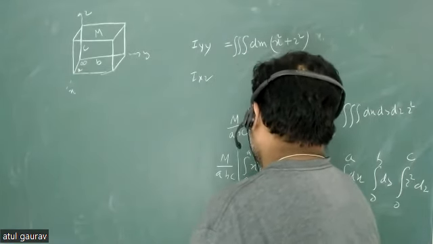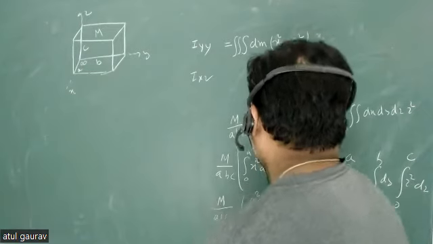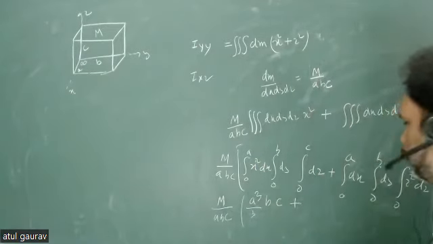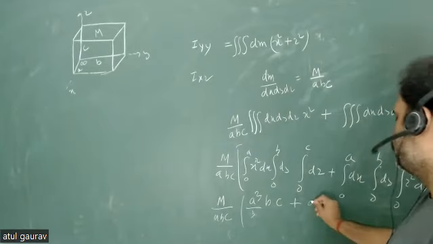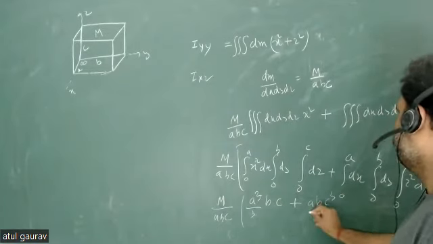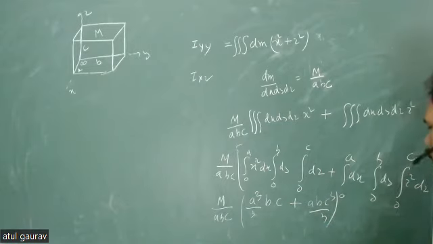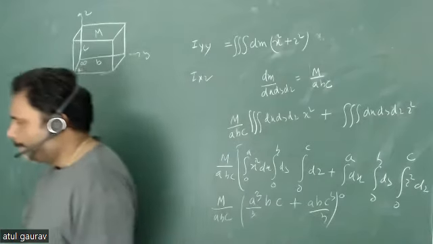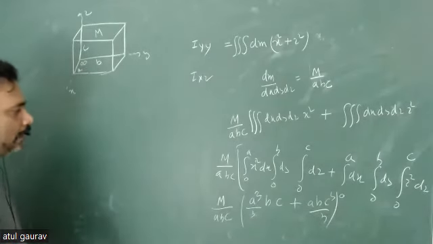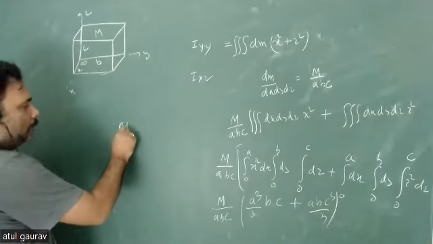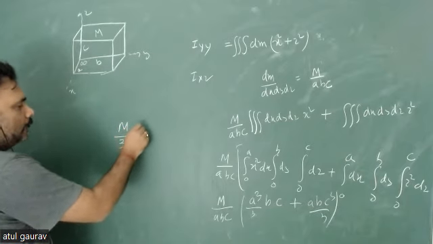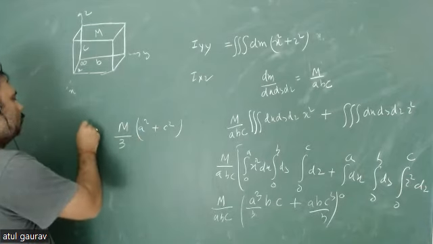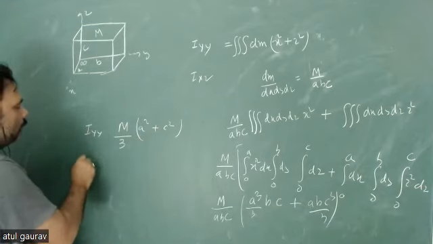A cube by 3 BC. और ये क्या आ जाएगा? A B C cube by 3, है ना? यहां से ABC कैंसिल हो सकता है? So what you will get? You will get M upon 3 (A square plus C square). So this is Iyy.